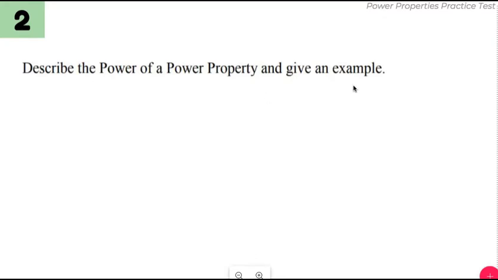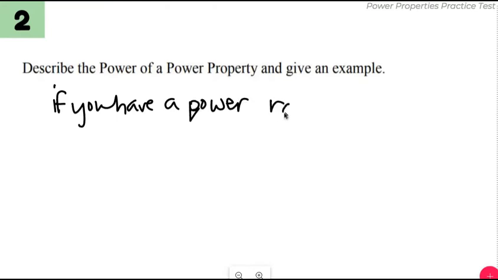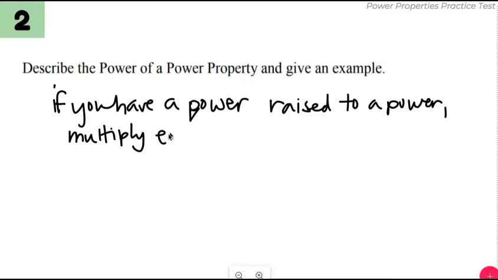Number 2, describe power of a power. This is where if you have a power raised to a power, multiply exponents.